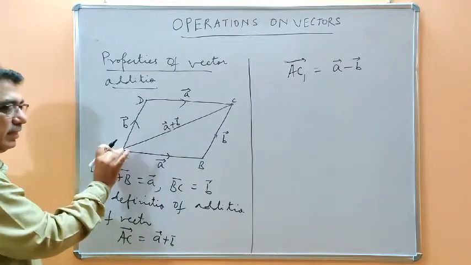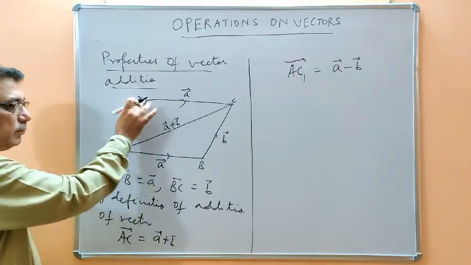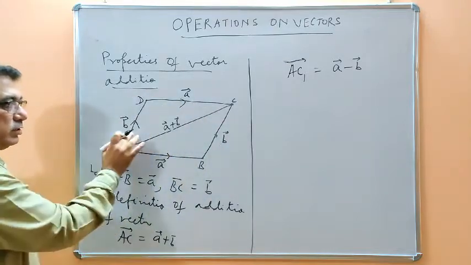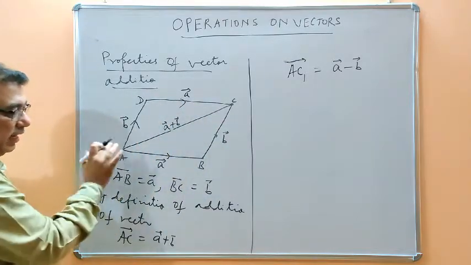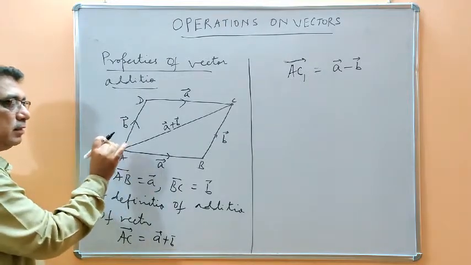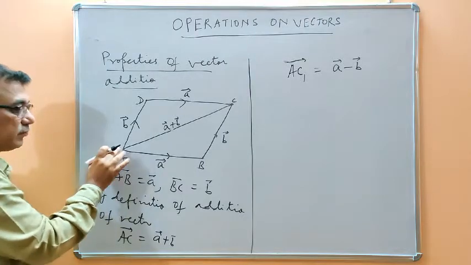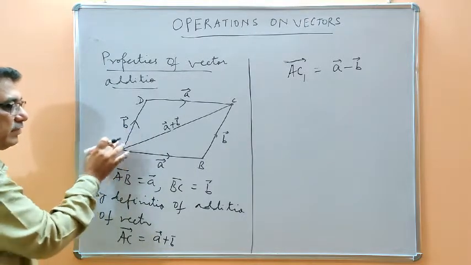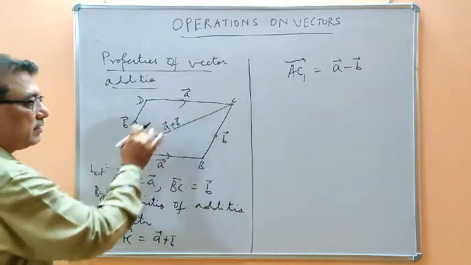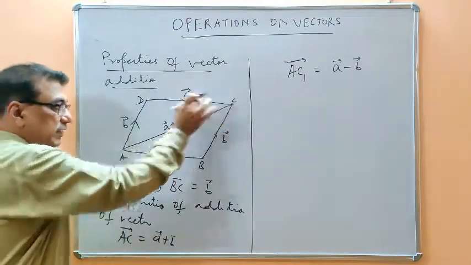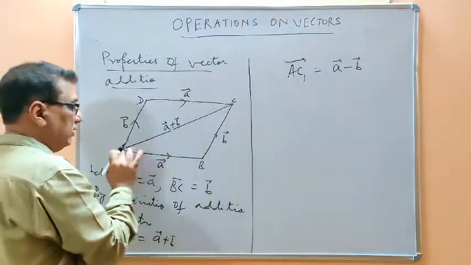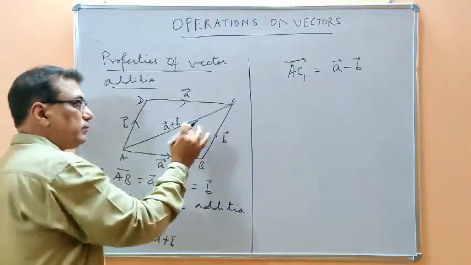Again we find the same situation, that the terminal point of AD is the initial point of BC. So these two vectors can be added, and the result will be the vector which starts from the initial point of the first vector, that is A, and ends at the terminal point of the second vector, that is C. So we can say that B plus A is also AC.